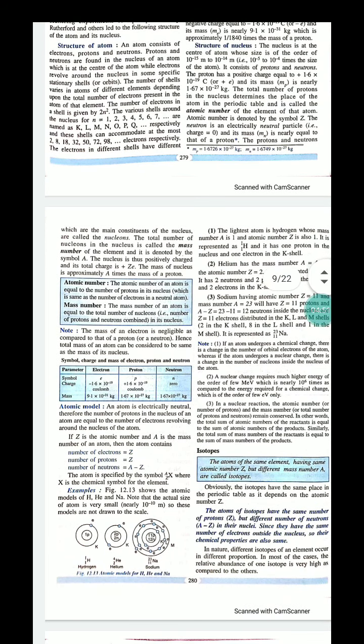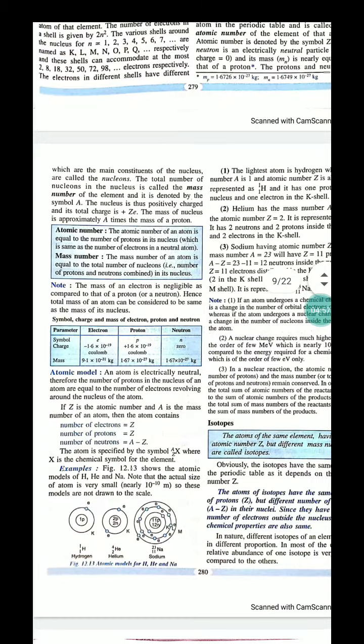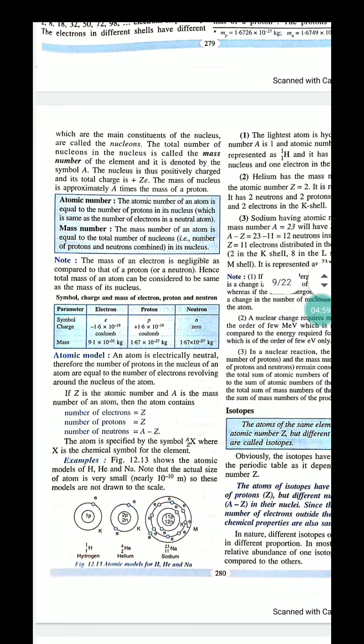Now let us see this atomic model so that we will be able to understand. An atom is electrically neutral, therefore the number of protons in the nucleus of an atom is equal to the number of electrons revolving around the nucleus of the atom.